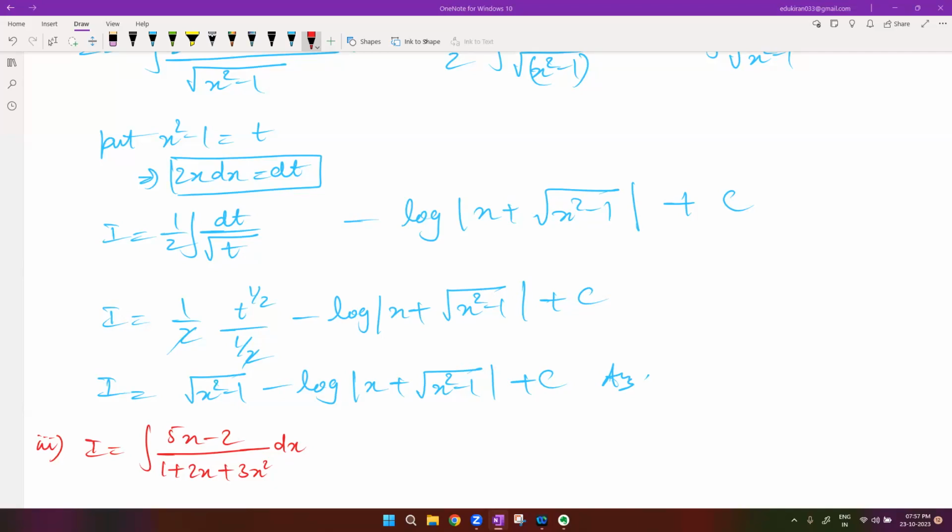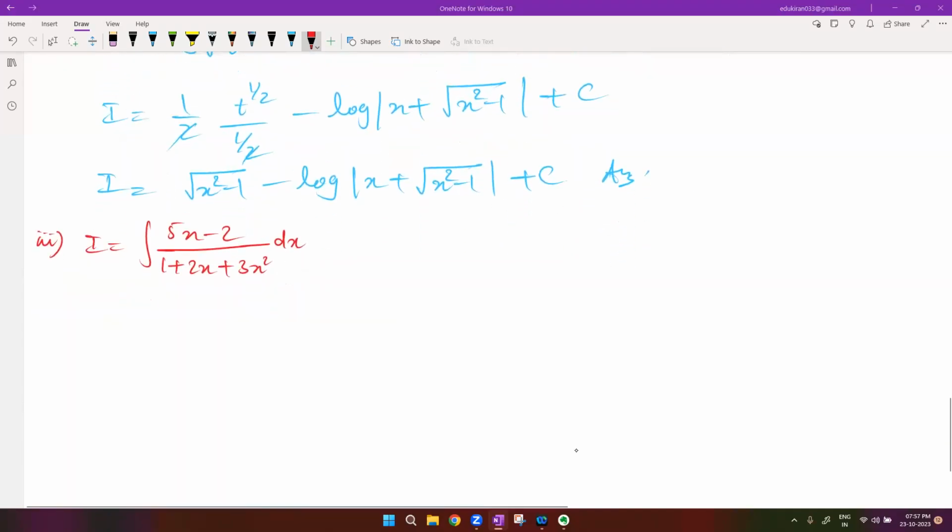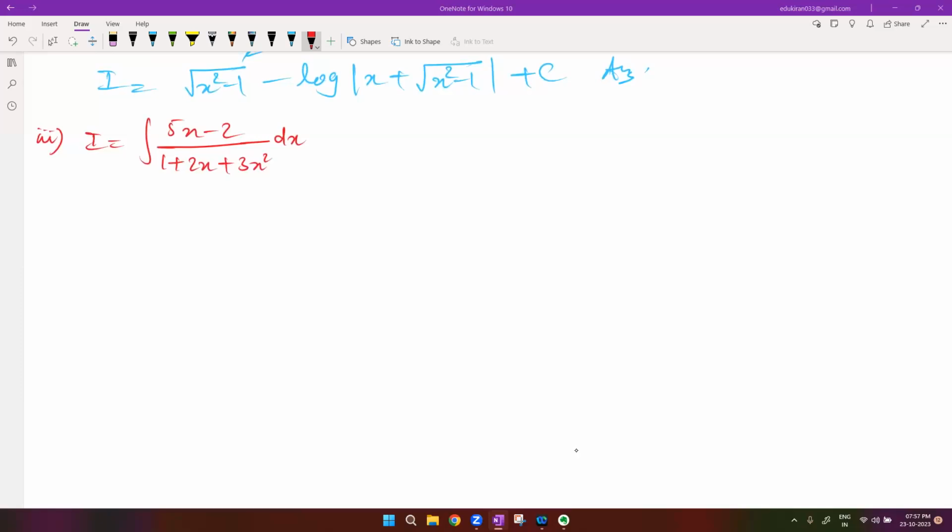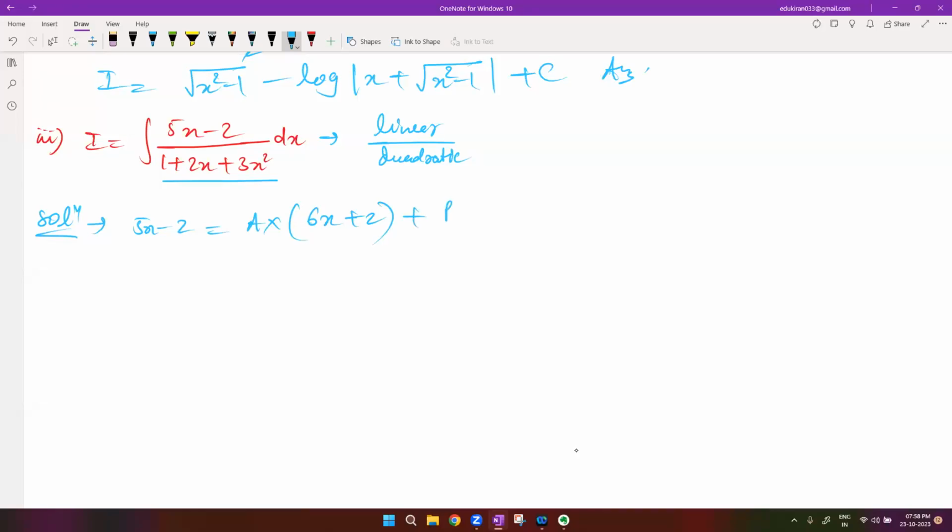What's the value of a and what's the value of b here? So again, the same format, linear by quadratic, first of all. As soon as I observe that this is linear by quadratic, I know how to solve. I just need to write this linear, that is 5x minus 2, as a times the derivative of this quadratic. The derivative of this quadratic is nothing but 6x plus 2. So a times 6x plus 2 plus b.